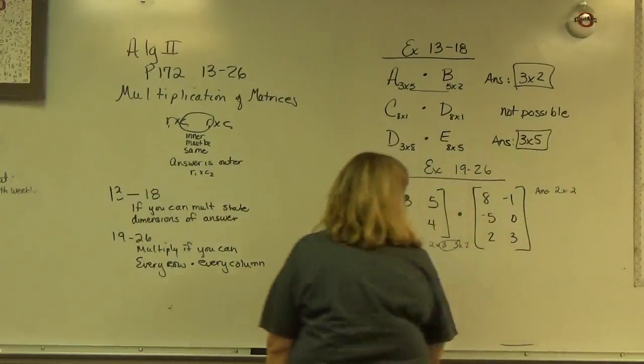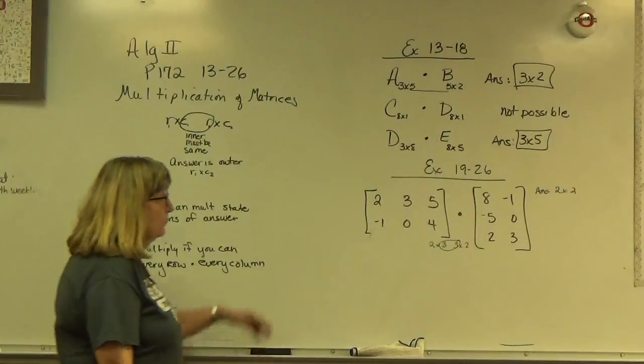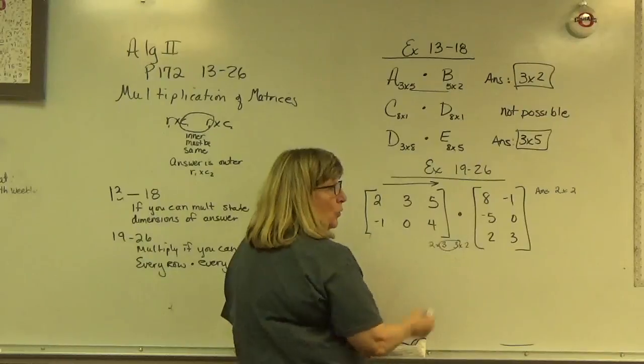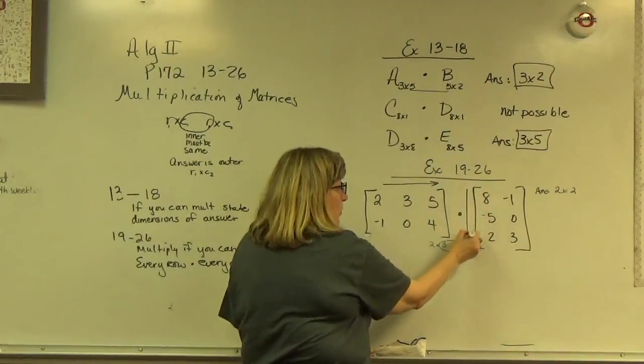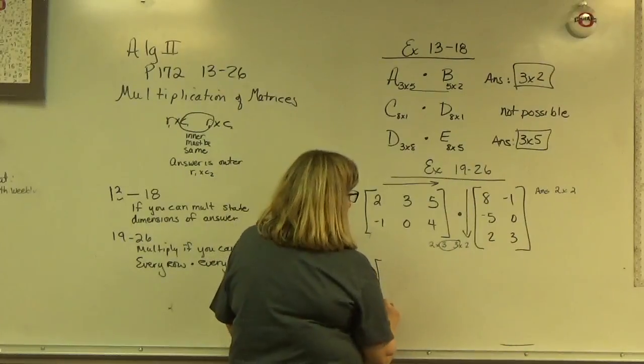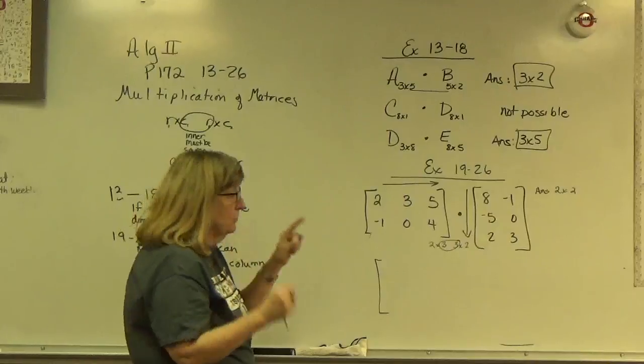Now, when we do the multiplication, it's every row by every column. It's every row in this one and every column in the second one, so you're going across in this one and going down in the second. First row, first column, and it doesn't hurt to use your fingers.